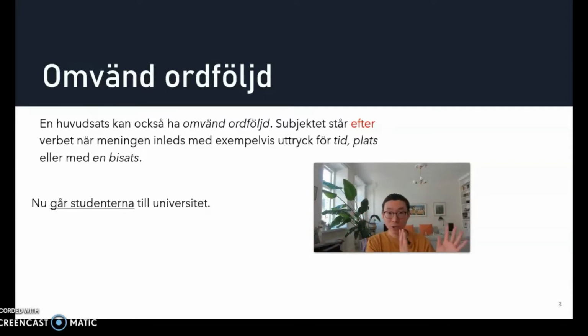So after the adverbial now, in English you start with the subject anyway. But in Swedish, you need to switch the place of subject and verb after the adverbial. Till exempel, du säger nu går studenterna till universitetet.